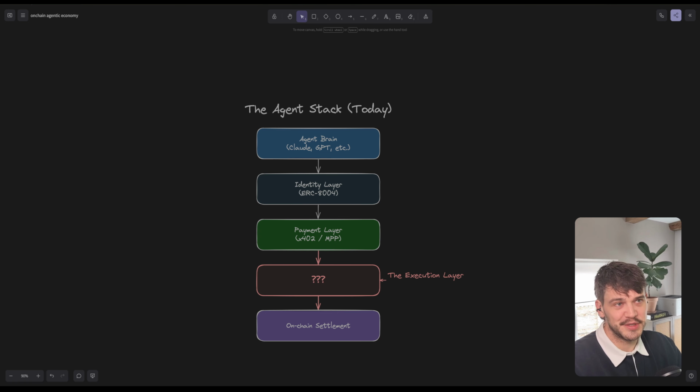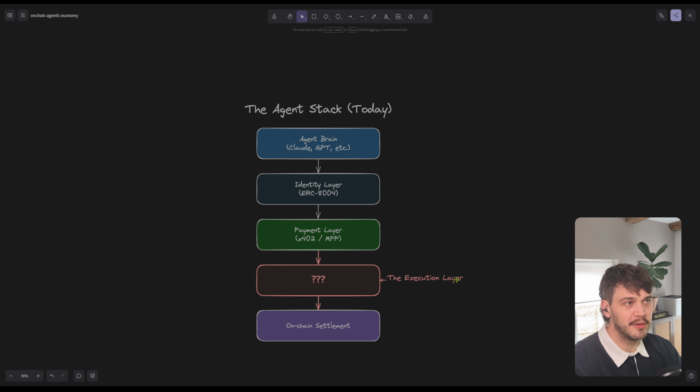Below that, we have the identity layer from the ERC registry, which gives your agent a verifiable identity. Then we have x402 and MPP for the payment. But between the payment and the on-chain settlement, we have the execution layer.